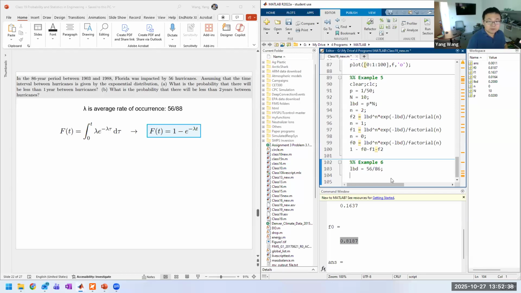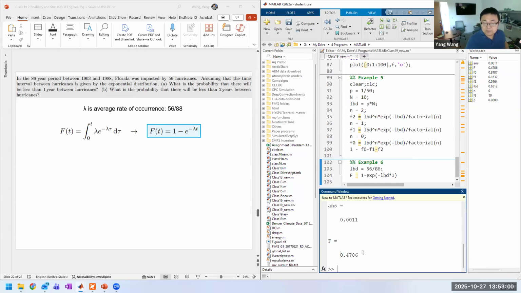So then we can use this function here. So basically the F is going to be 1 minus exponential minus lambda t. For the first problem, what is the probability that there will be less than 1 year between the hurricanes, right? You just multiply that by 1. And then this is basically 48%, right? The probability that there will be less than 1 year between the hurricanes is close to 50%.